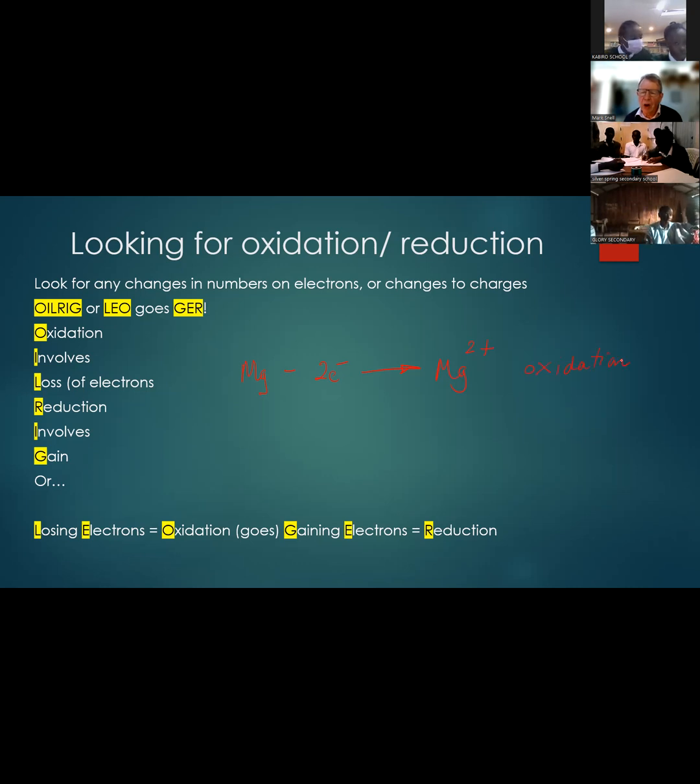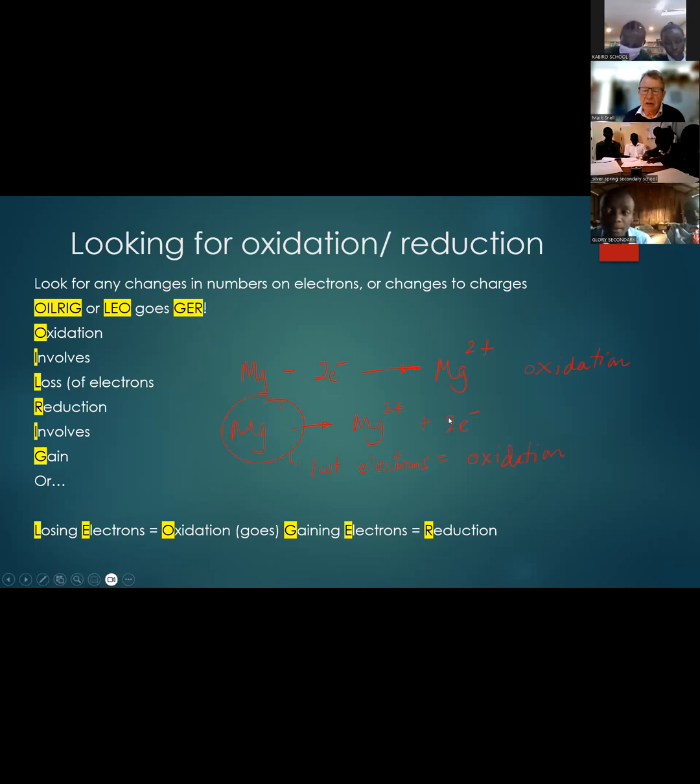But if I rewrite this equation like Mg turns into Mg2 plus and 2 electrons, it's still the magnesium that has lost electrons. And if it has lost electrons, losing electrons is oxidation. Now, you have to be careful that you can spot what is actually happening each time.